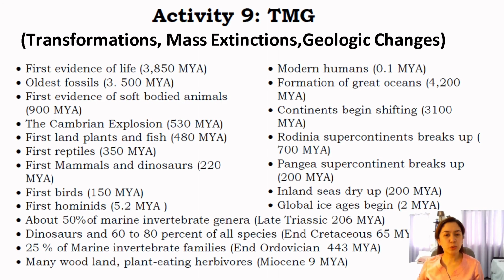Now let's proceed to Activity 9, TMG. It is found on page 11 of your module, and these are the directions. The Earth's history is marked by a series of transformations, mass extinctions, and geological changes that have taken place over the course of 4 billion years.